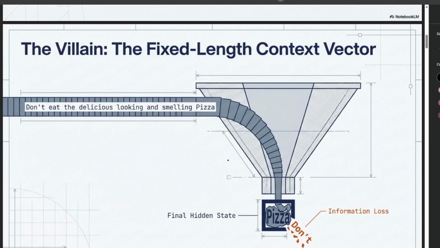This vector is supposed to capture the entire meaning of the input sentence, whether the input is 3 words or 300 words. The model is forced to compress all that information into one fixed length vector.